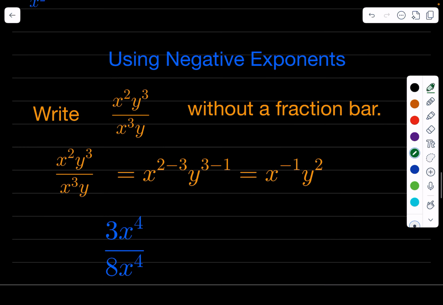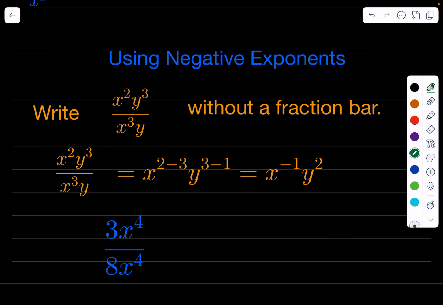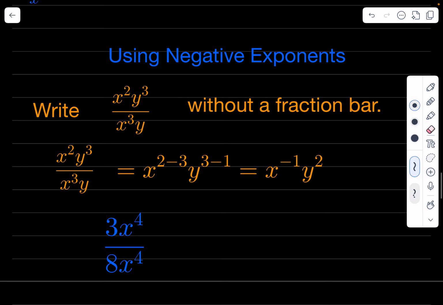Let's look at one more because this tends to give people problems because we have to do two different things. We're using our quotient rule, which then gives us a negative exponent, and then we have to apply our negative exponent rule. So, we've got x squared, y cubed, x cubed, y, and we can add a 1 there.